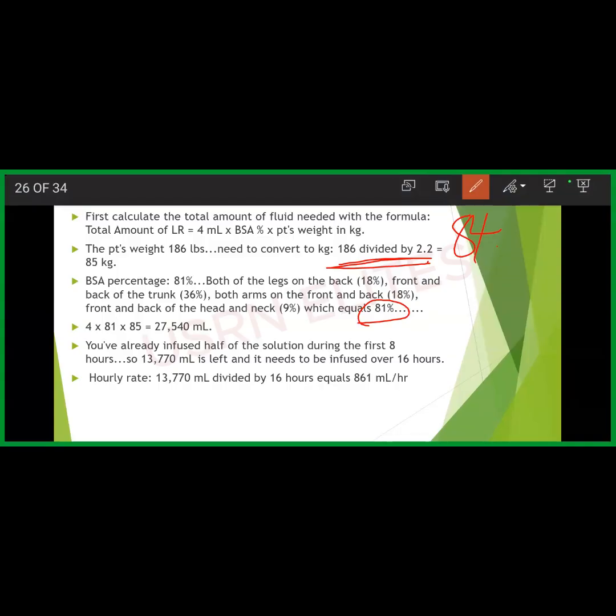Okay. If you are getting this, then someone should multiply this one by 4 by 81. 27,390.96. So you're getting 27,390.96.